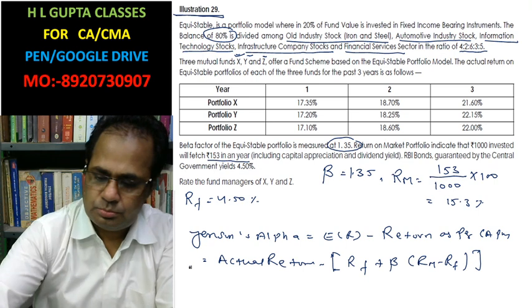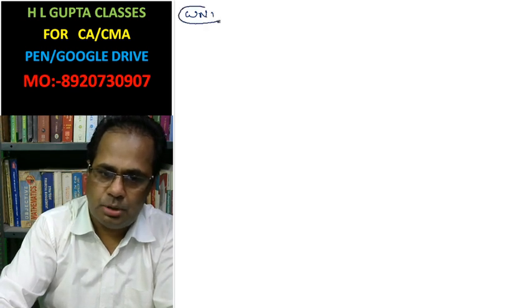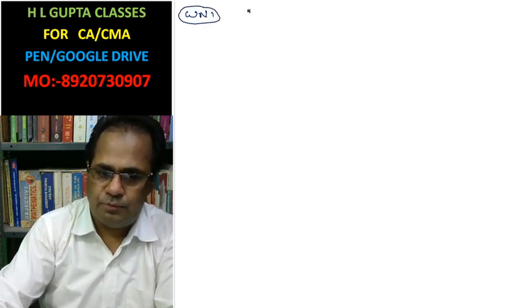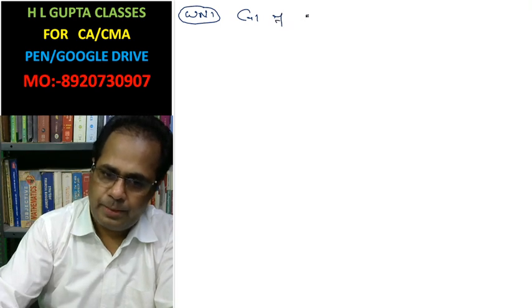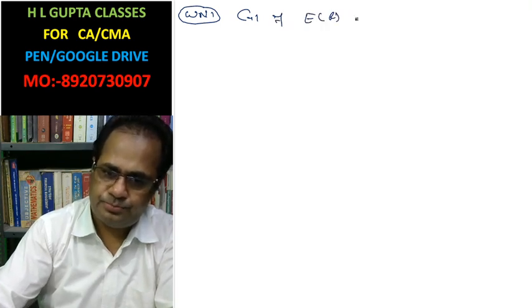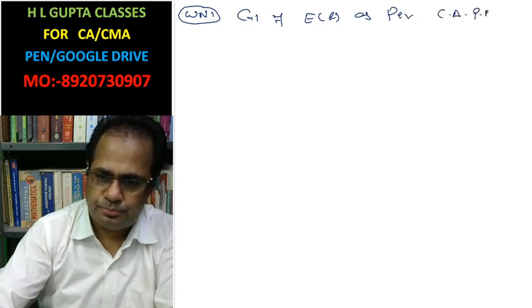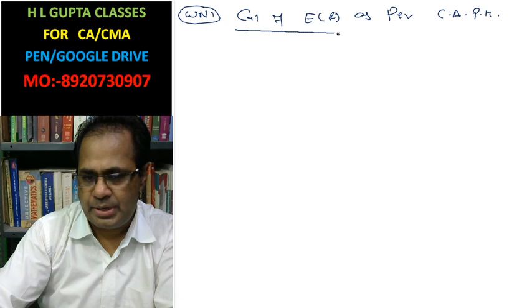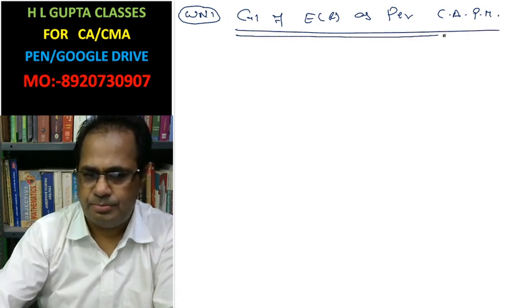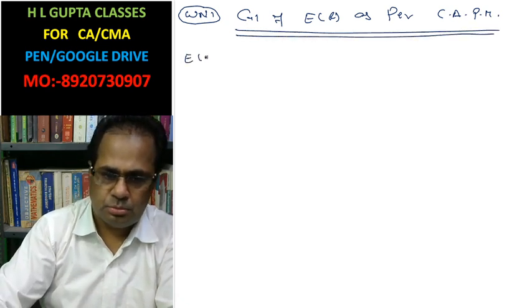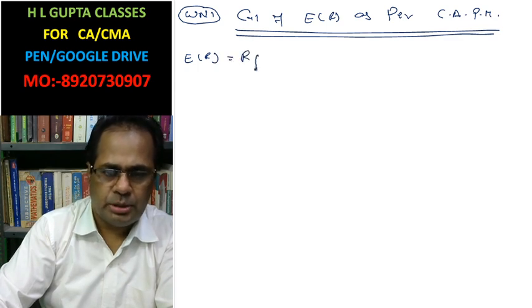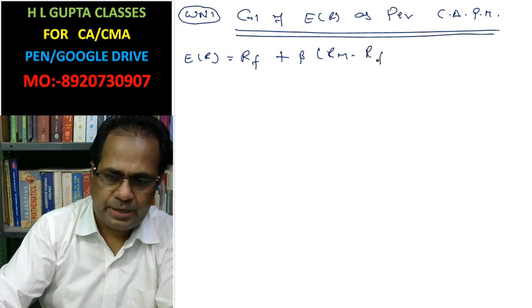Okay, now working note first. Calculation of expected return as per CAPM. Expected return equals risk-free rate of return plus beta (RA minus RF).